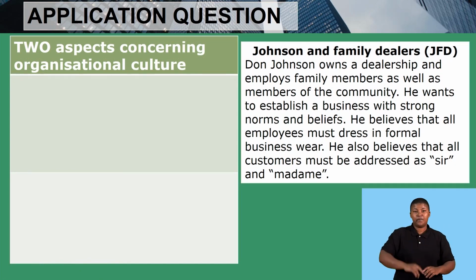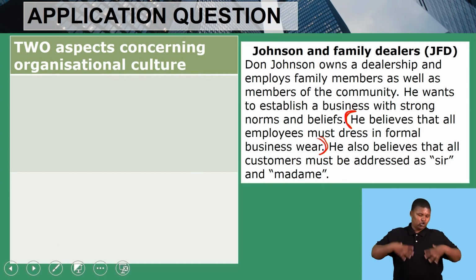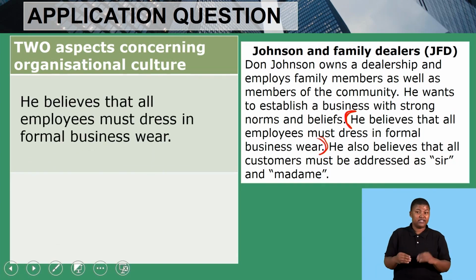Now, when we look at the scenario, we see that the first part is only an introduction. Then from here on, it states that Johnson believes that all employees must dress in formal business wear. That directly speaks to the dress code he wants to have in the business. And that will be our first quote in our answer.